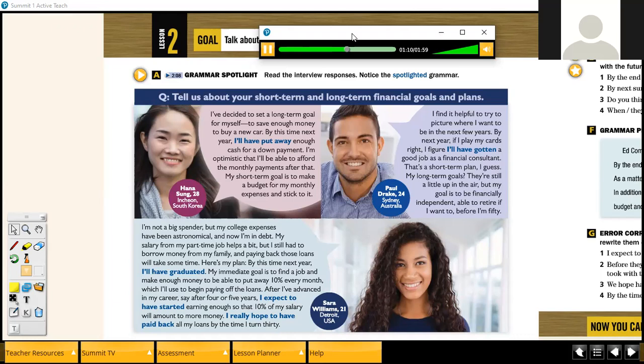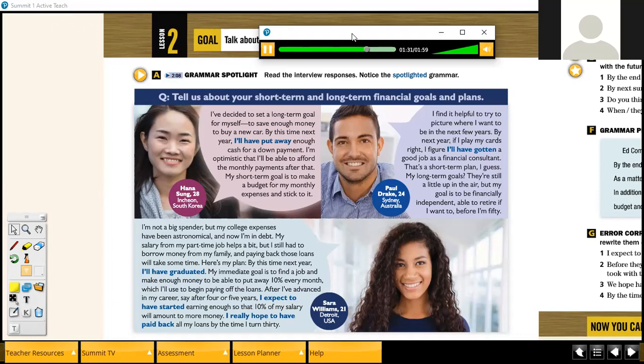I'm not a big spender, but my college expenses have been astronomical, and now I'm in debt. My salary from my part-time job helps a bit, but I still had to borrow money from my family, and paying back those loans will take some time. Here's my plan. By this time next year, I'll have graduated.